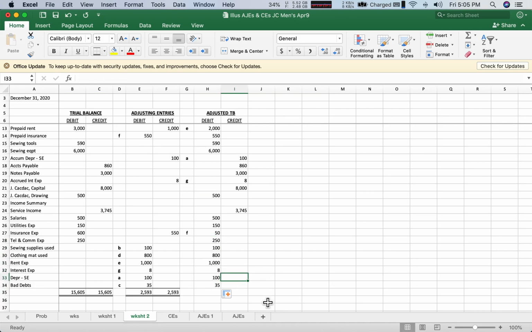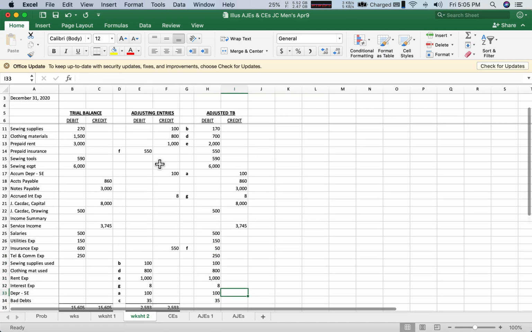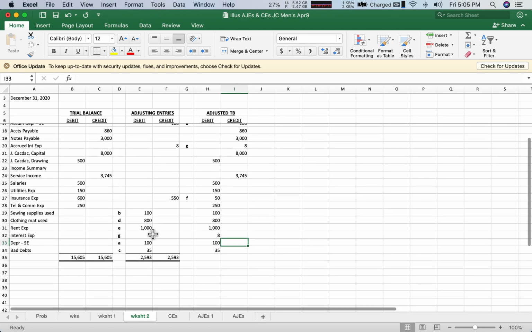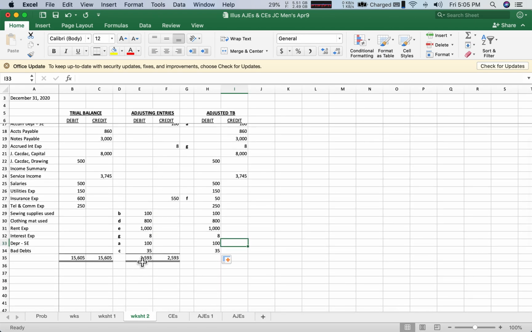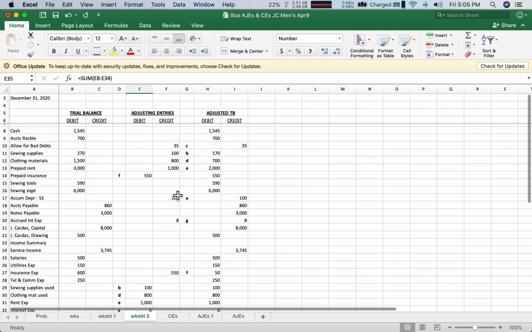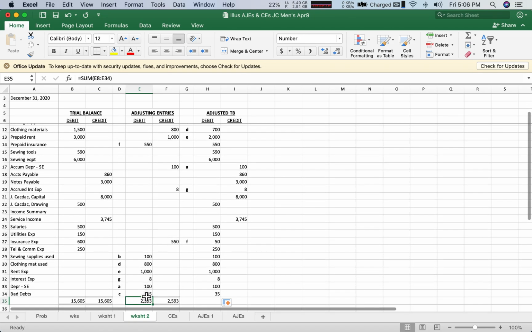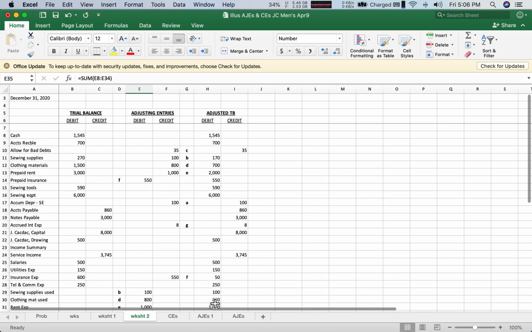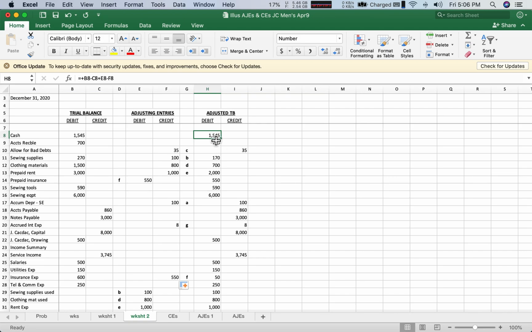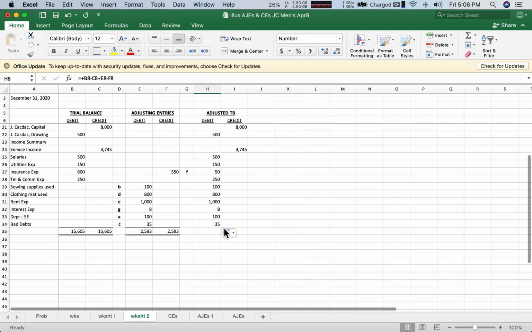Okay. Now, because this is the same addition, from cell E8 up to E34, we are also adding the cells here from H, H8 to H34.